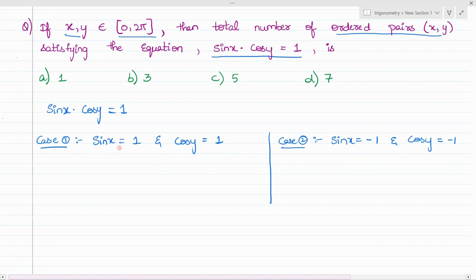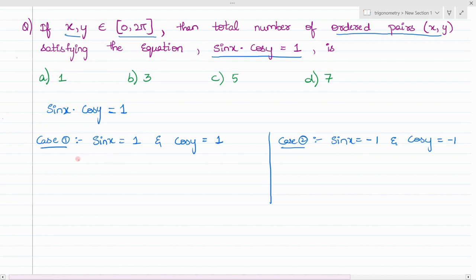So let's find the general solution for these two cases. Here sin x is equal to 1, which is in the form of a simple trigonometric equation.